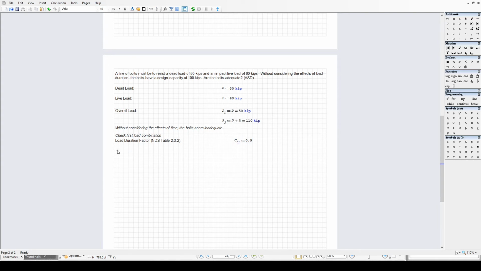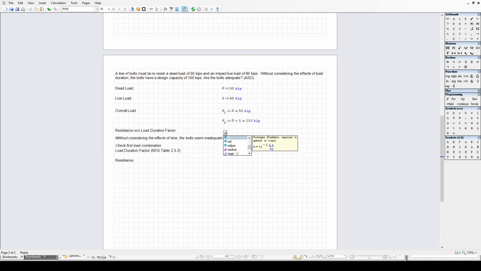And so then let's go ahead and calculate the resistance. Actually, I should probably put another term here. I could call this resistance without load duration factor, and I can just call this R equals 100 kips.